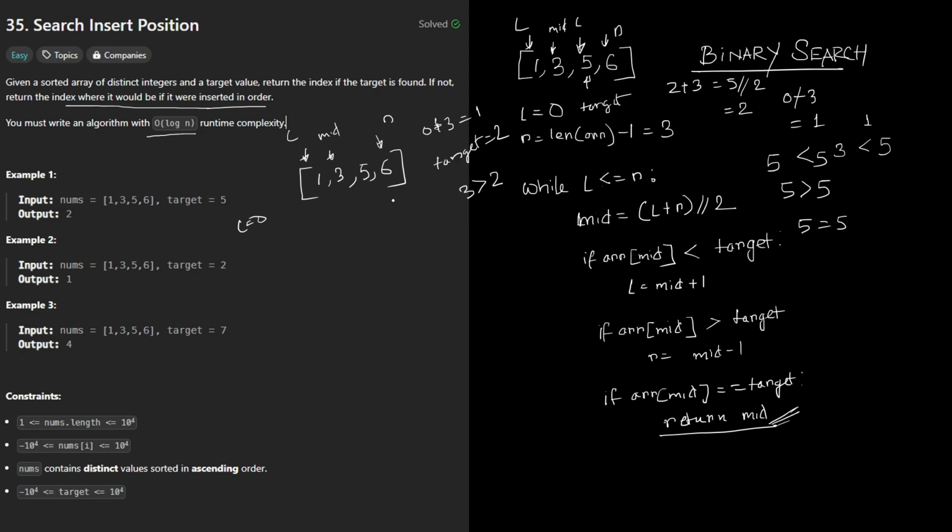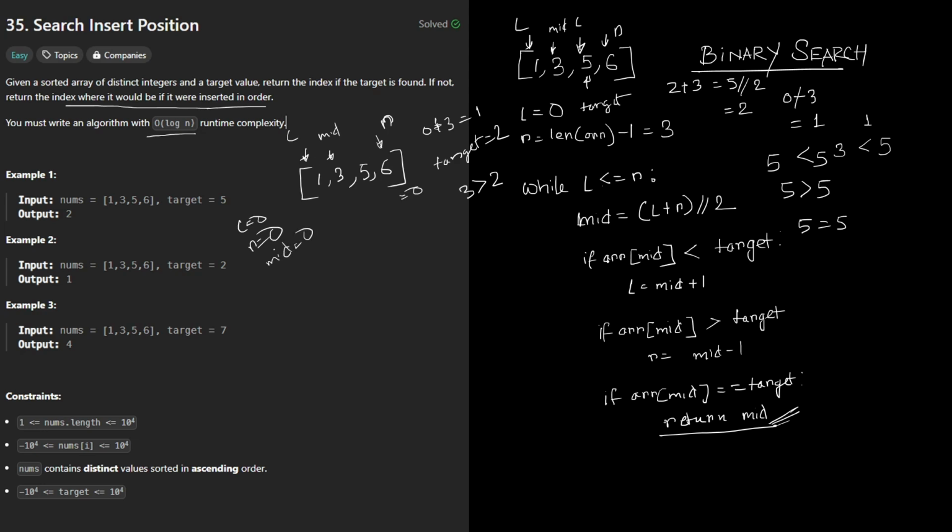So we are going to decrement the R, so it would be mid minus 1. So it would come to basically 0. R would also be 0 for this case, and the mid will also become 0.